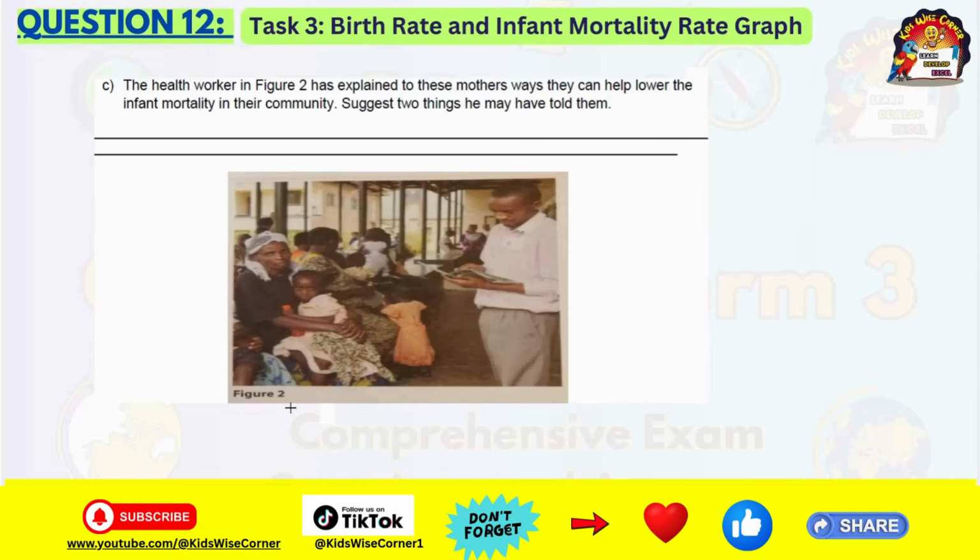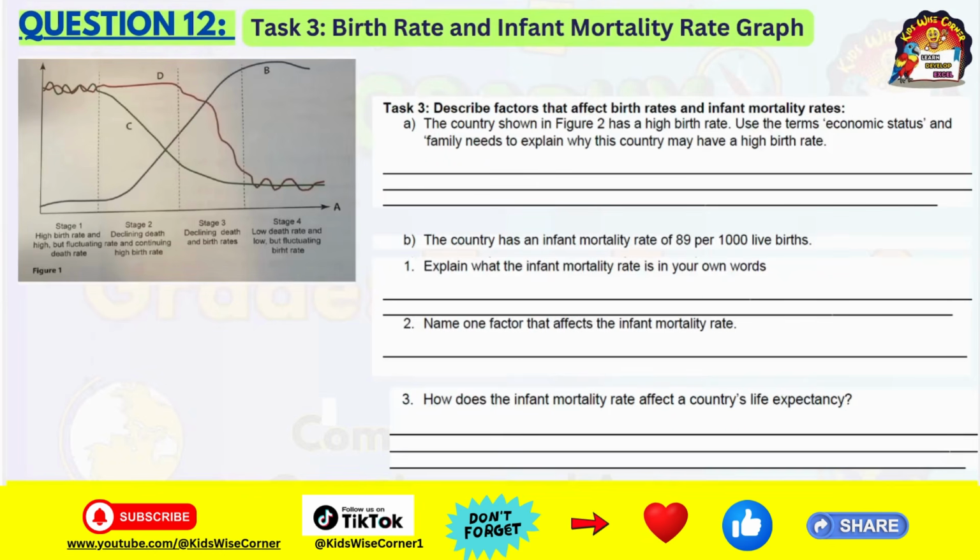As you can see, there's an image for figure 2. And let's get back to the previous question. So the answer for use the terms economic status and family needs to explain why this country may have a high birth rate.